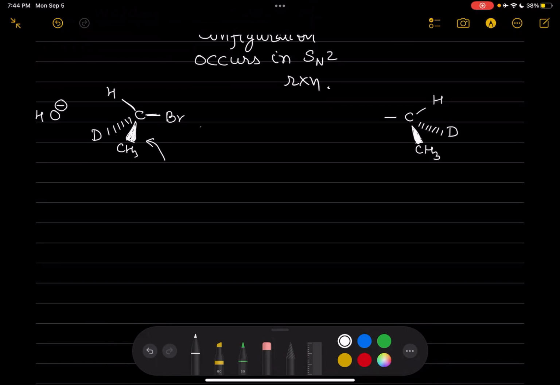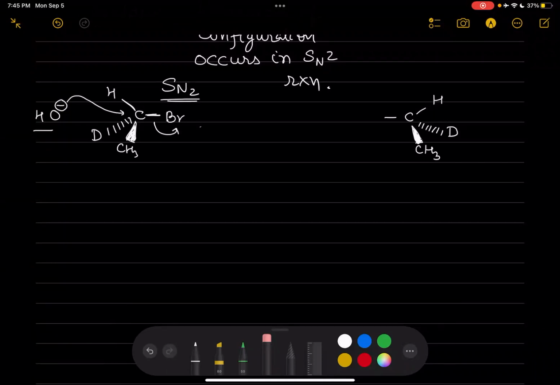So this is the nucleophile, and because this is SN2, the nucleophile has to come from the side opposite to the leaving group, from the back side. And the leaving group comes out. So what happens to these three bonds which are participating? They're like this.